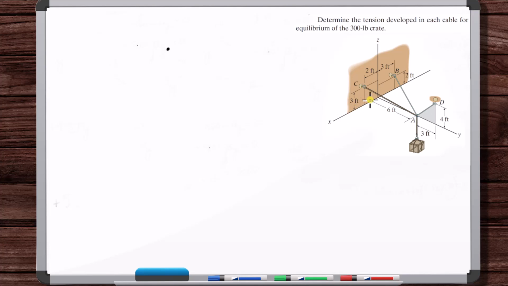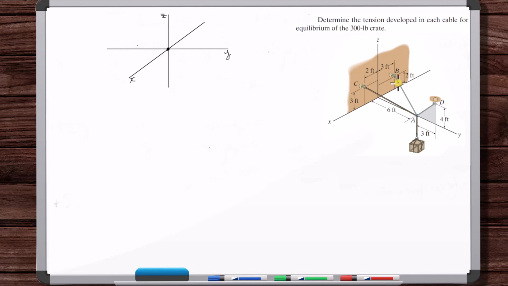Next, the next thing we see is that the origin of the coordinate system that they provide is not at that point. We're going to go ahead and put the origin of our coordinate system at that point. I've mentioned before that for particle equilibrium problems, it doesn't matter where you put the origin of your coordinate system.